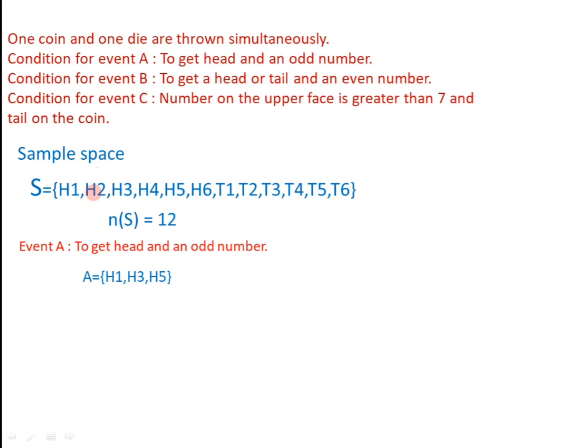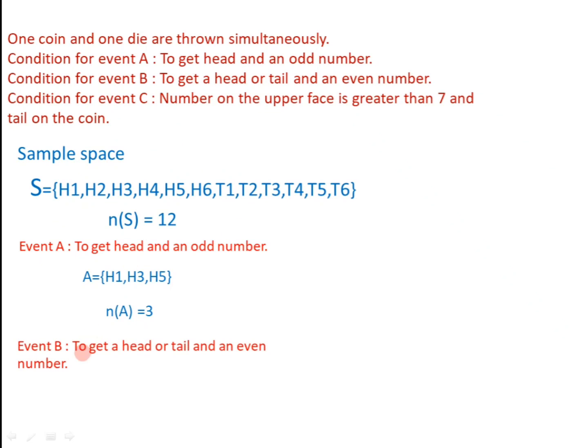We cannot take H2 because though there is head on the coin, the number on the upper face of the die is 2 and 2 is not an odd number. It cannot be a part of our set. Next element would be H3 as both the conditions are satisfied here, and after that we have H5. So these are the only 3 possibilities which satisfy the given condition, that is to get head and odd number. So n of A, that is the number of sample points in set A, is 3. That's why n of A is equal to 3.